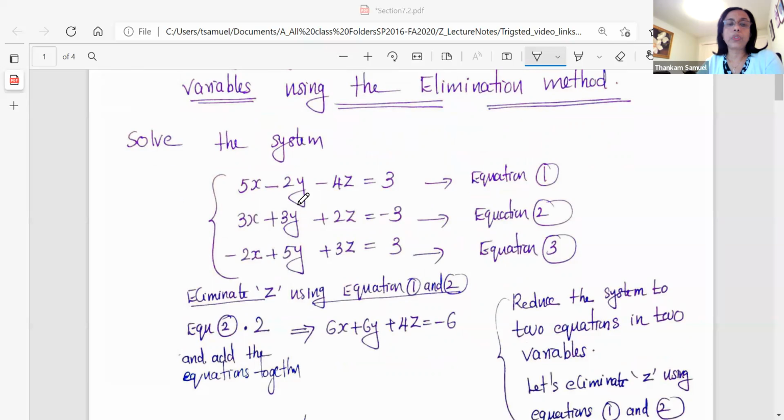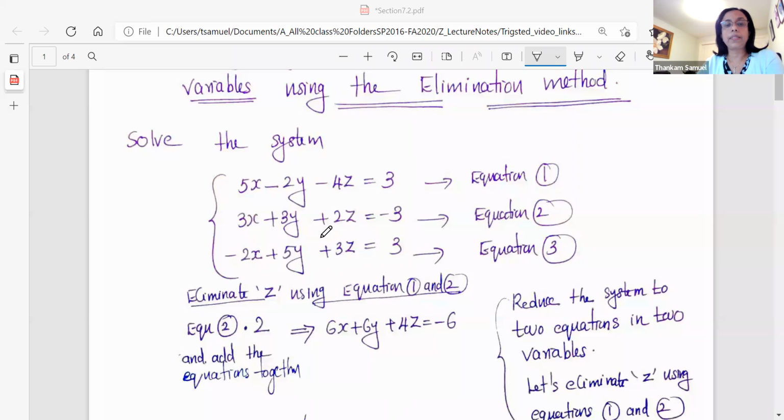5x minus 2y minus 4z equals 3, 3x plus 3y plus 2z equals negative 3, negative 2x plus 5y plus 3z equals 3.